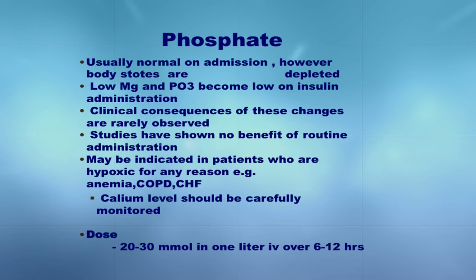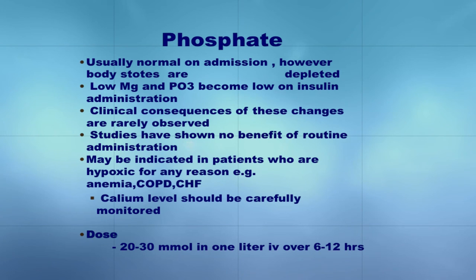Phosphate and magnesium also are deficient in those patients, and although they may be normal on admission, as treatment continues, the magnesium and phosphate become low with insulin administration. Studies, however, have shown no benefit of routine administration of those, and therefore we generally do not recommend phosphate repletion.